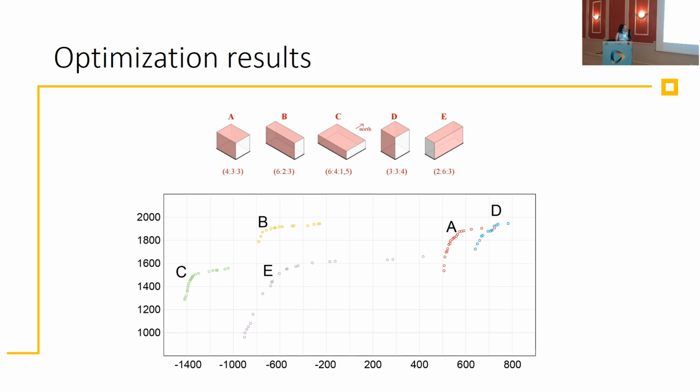And at the bottom you can see the Pareto fronts of each instance, each building form. You can see a very large shift between A and D and all the others. This is because the photovoltaic electricity generation is drastically different between group AD and BEC.